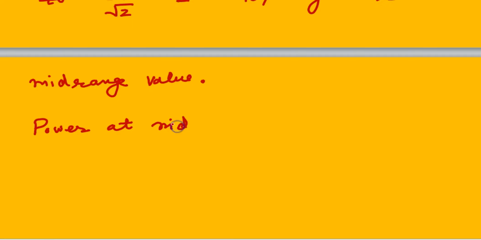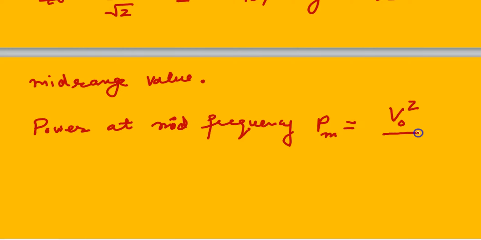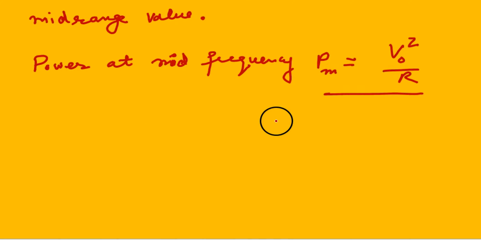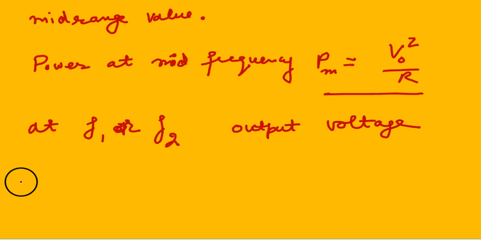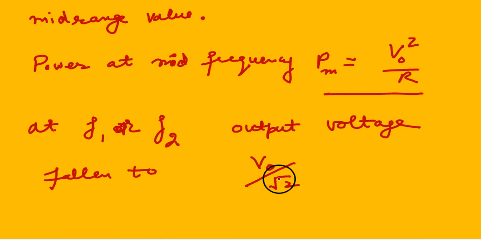We know the formula of power equals V0 squared over R. At the mid frequency, it is V0 squared over R. But at F1 and F2, the output voltage falls to V0 over root 2.